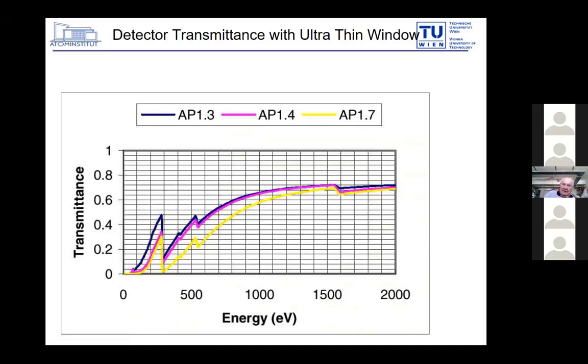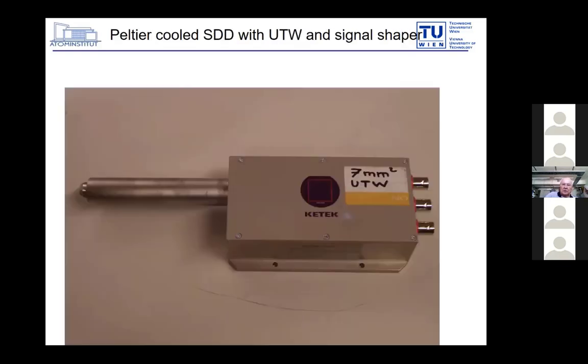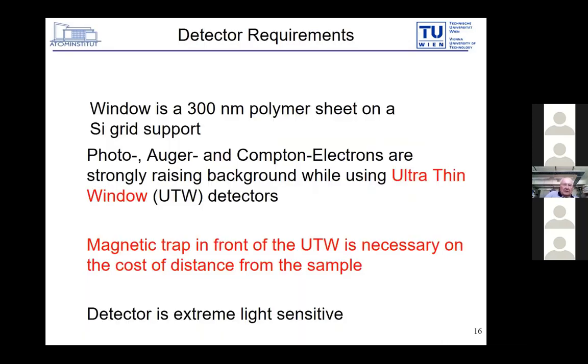But handling the ultra-thin windows is not so easy because they are light sensitive, they are really easy to break, and so I guess people are happy if they hear, I want to analyze sodium, I can do it with a beryllium. So this is how the detector looks, and this is what I was talking.